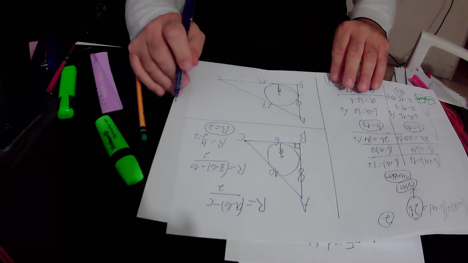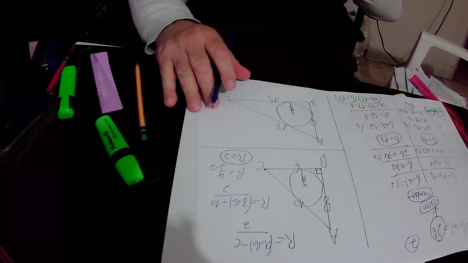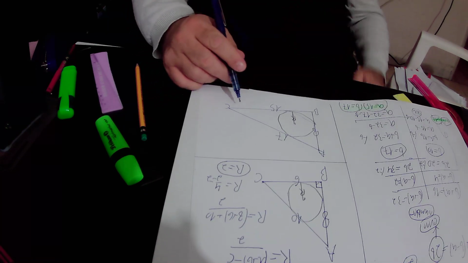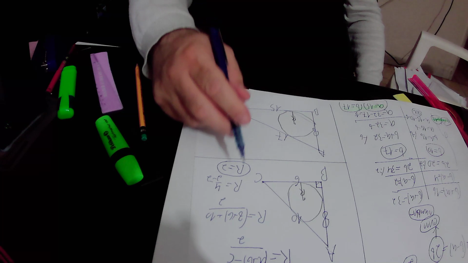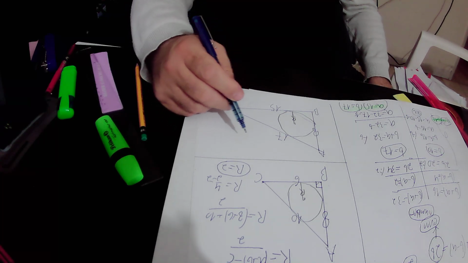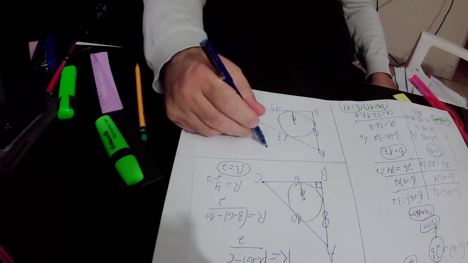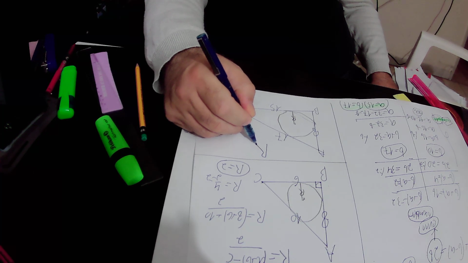Now, according to the second solution, we found this triangle. We will use the same formula to find out the radius of this circle that is inscribed by the right triangle ABC.